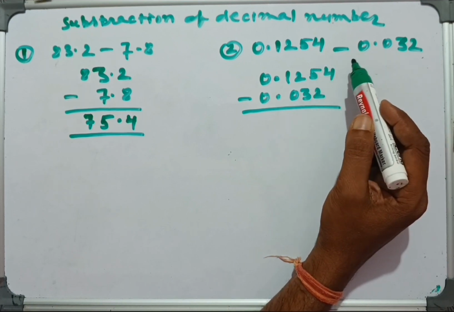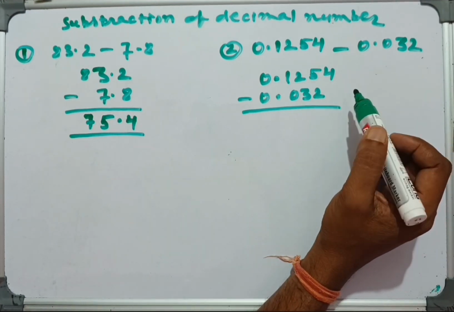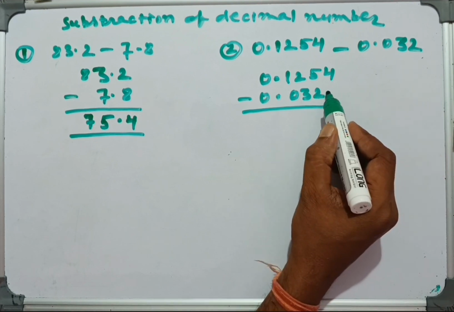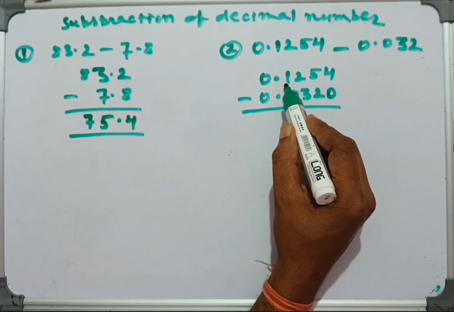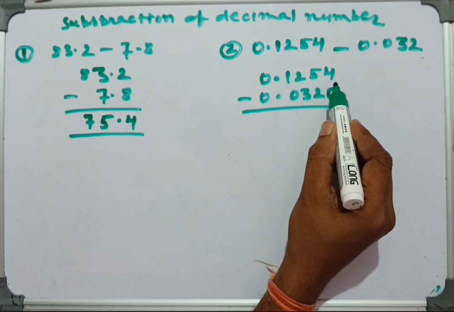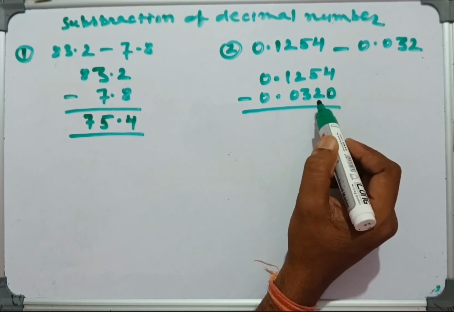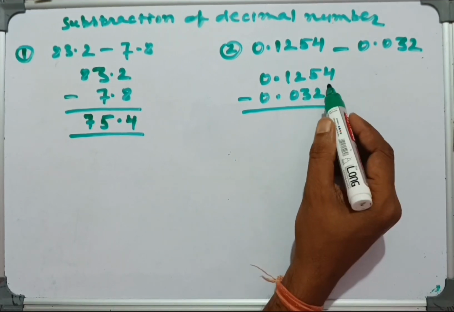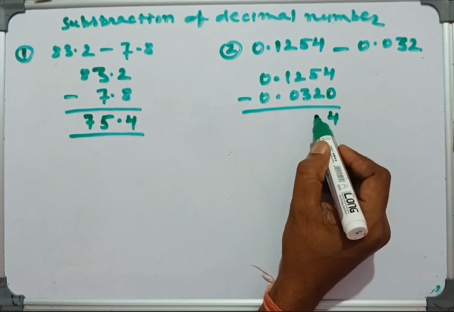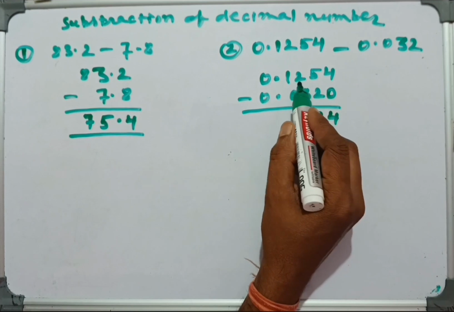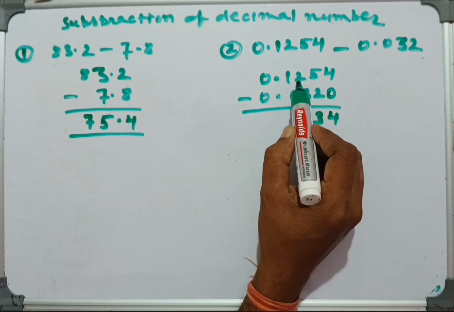These are examples of unlike decimals. So how do we convert them into like decimals? You have to put 1 zero here. Now there are 4 decimal places here, and in this number also there are 4 decimal places. Now subtract. 4 minus 0 equals 4, then 5 minus 2 is 3, then now 2 is less than 3, so 1 will give a carry to 2.